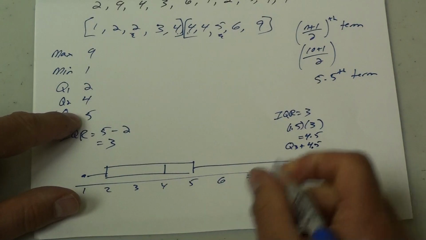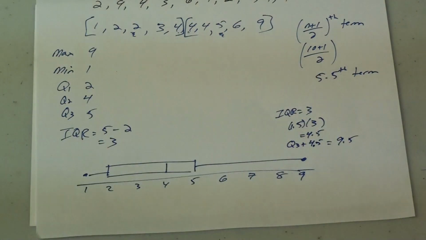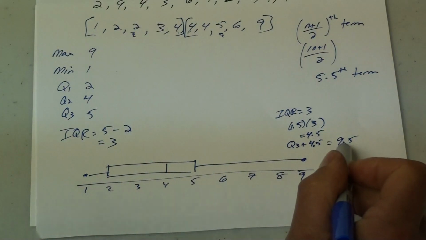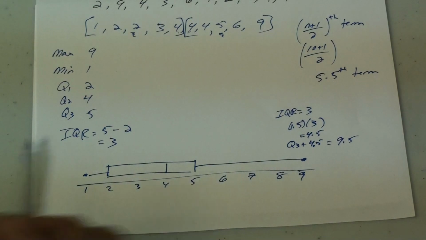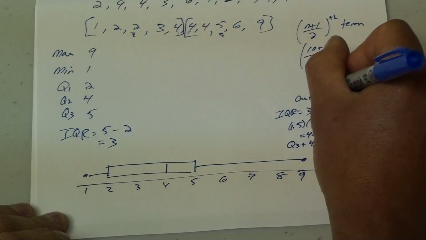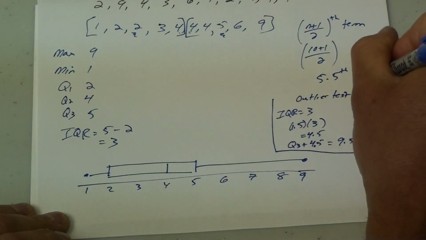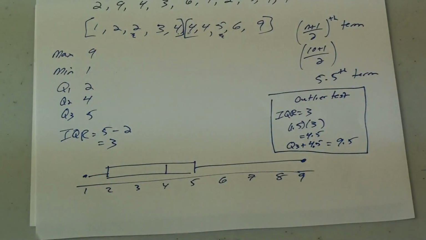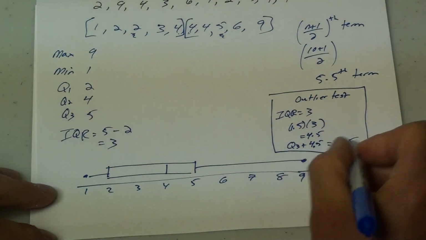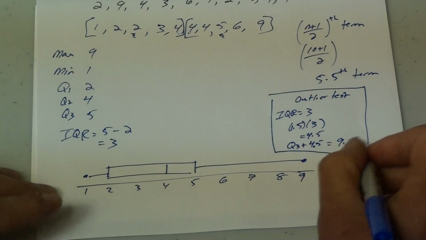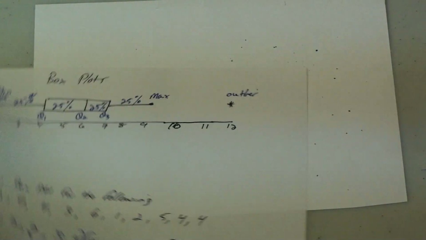My Q3 is 5, so adding 4.5 gives me 9.5. Okay, I'm good. My number 9 is below 9.5, so it's not an outlier. Anything higher than 9.5 would be considered an outlier. That's a little outlier test. So I didn't have to worry about it; my 9 counts. If it was above 9.5, say a number 10, then I'd put the little asterisk in instead, in this place.